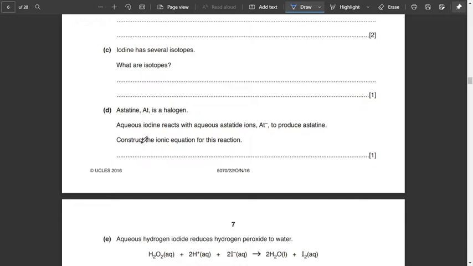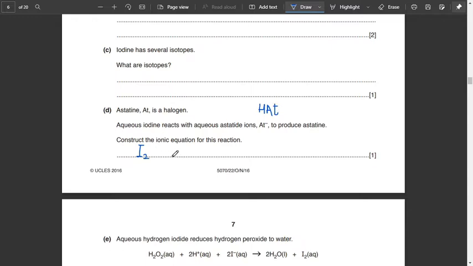So if we see iodine, because we are going to use At- over here, it can even be HAt. However, the spectator ions need to be cancelled out in our final equation. We need to know that. Alright.